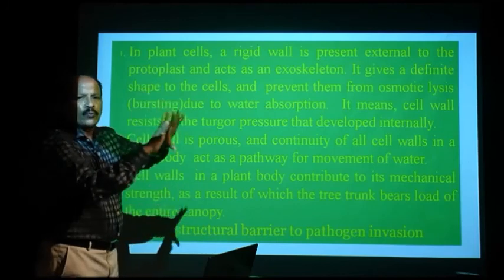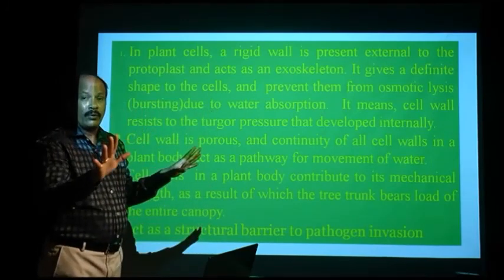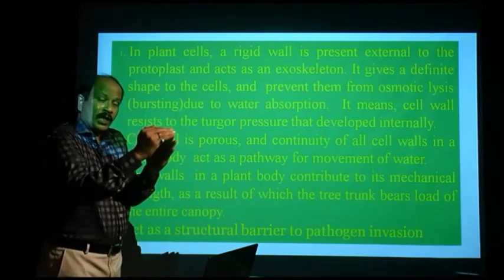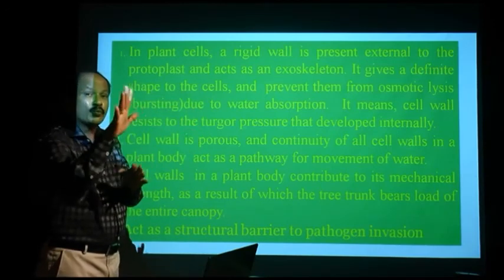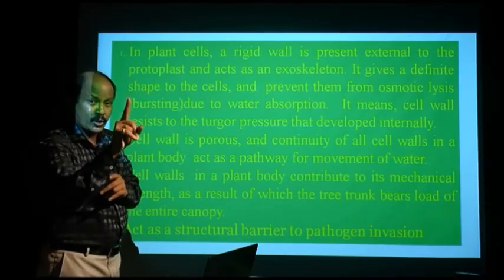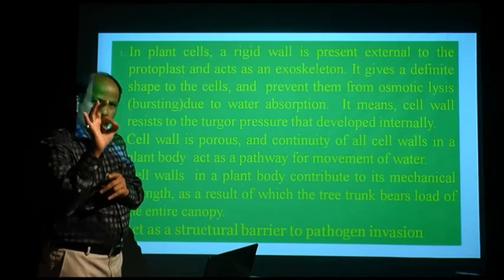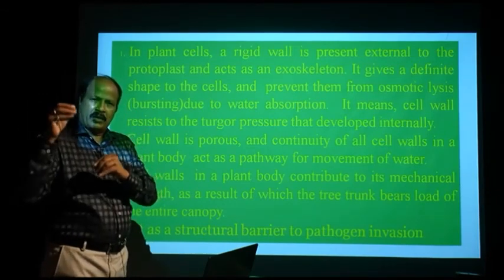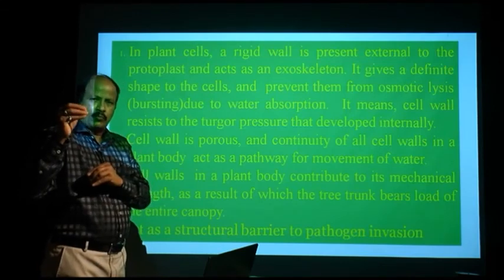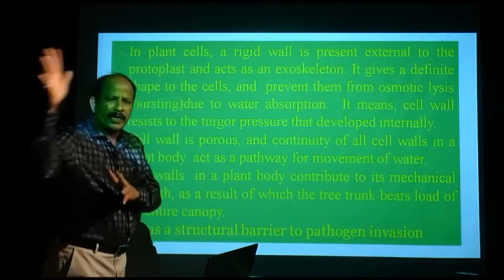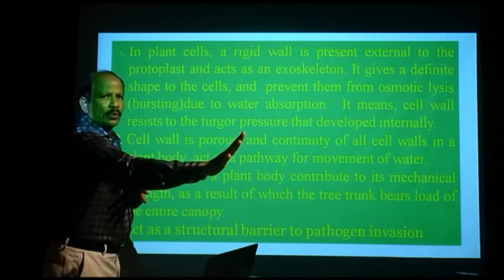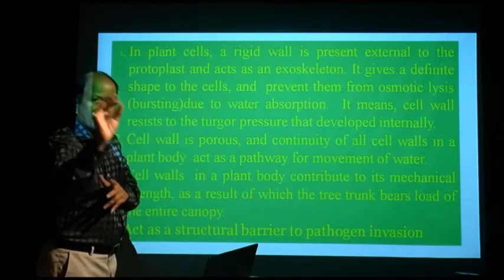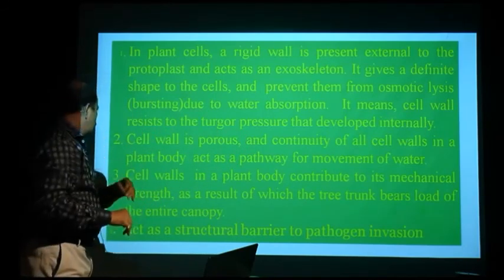So the wall which is present outer to the plasma membrane is porous, permeable. This must be remembered. Cell wall is porous and permeable through which water and small molecules can easily pass and go to the plasma membrane, but plasma membrane is selective in function.